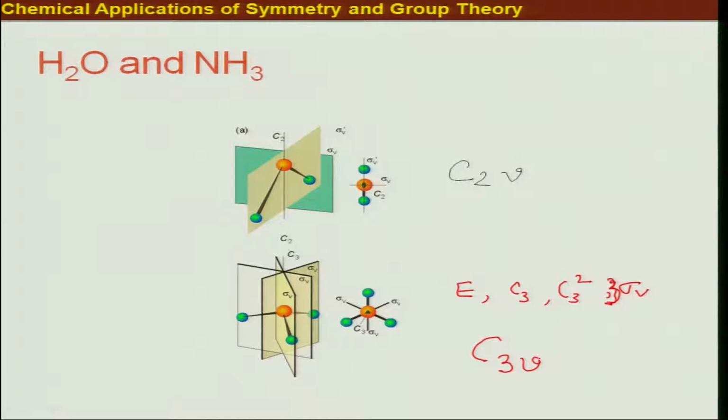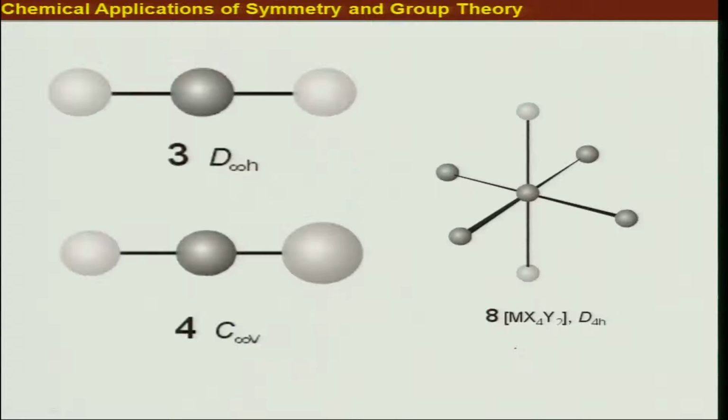So, we are learning how to find the point groups with a particular example. Now, I talked about linear molecules when we were classifying different molecular structures in terms of their symmetries and assigning the point groups.